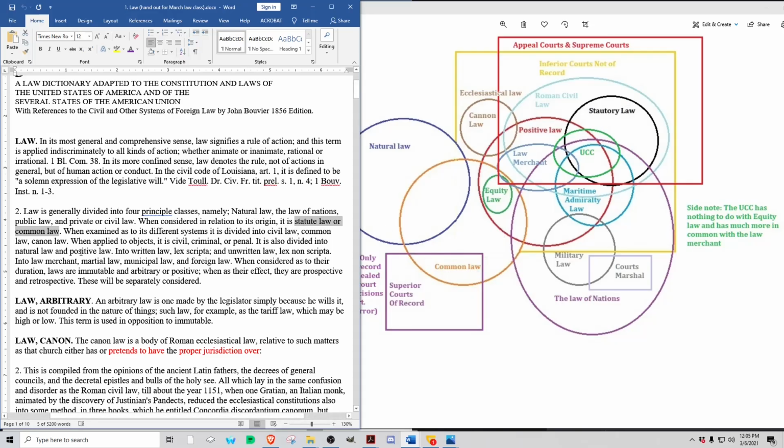That's it. When examined as to different systems, it is divided into civil law, common law, and canon law. And Roman civil law and canon law overlap a little bit here from the standpoint of basically the cult of Rome. This is where the intersection between civil law and canon law, or ecclesiastical law, is concerned. You're talking about ancient Rome in here.